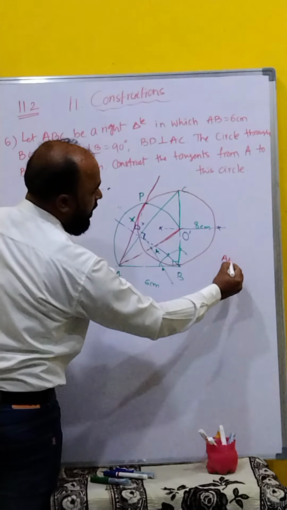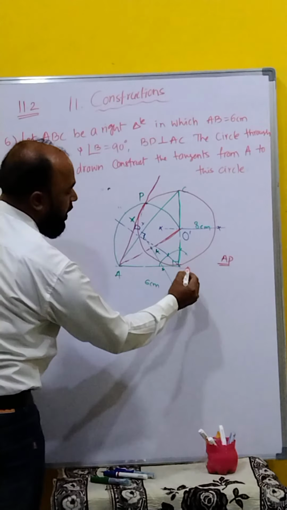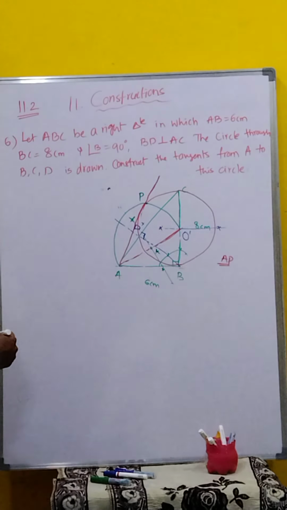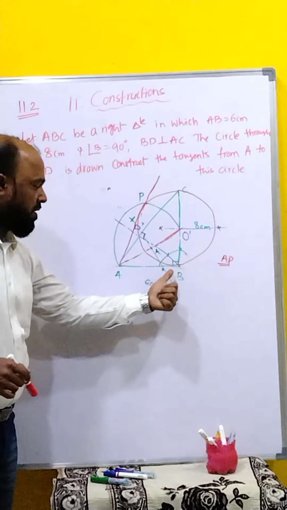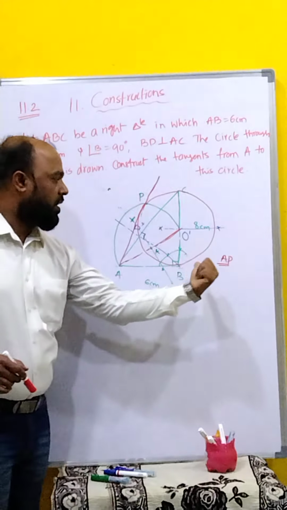AP is the tangent. Here we know already AB is the tangent. Now what is asked? Construct the tangents from A to this circle. The first is completed: AP and AB.